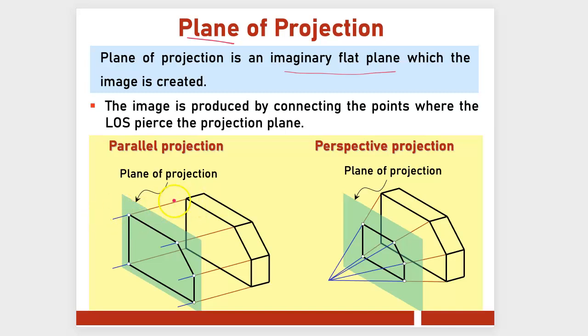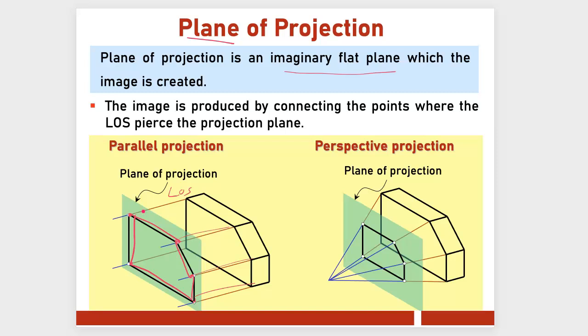So we have our line of sight, LOS, here, right? And then we imagine a paper passing through the line of sight. And we will draw the object based on where the line of sight appears, and we will recreate the diagram. So here you can see that the object is not distorted.